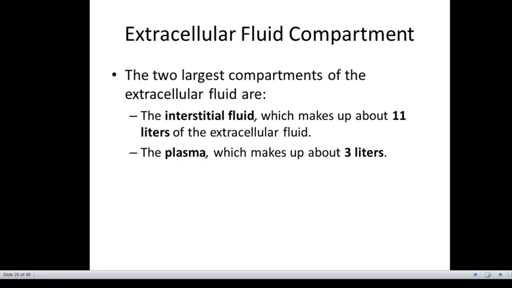The two largest compartments of the extracellular fluid are, number one, the interstitial fluid, which makes up about 11 liters of the extracellular fluid. And secondly, the plasma, which makes up about 3 liters.